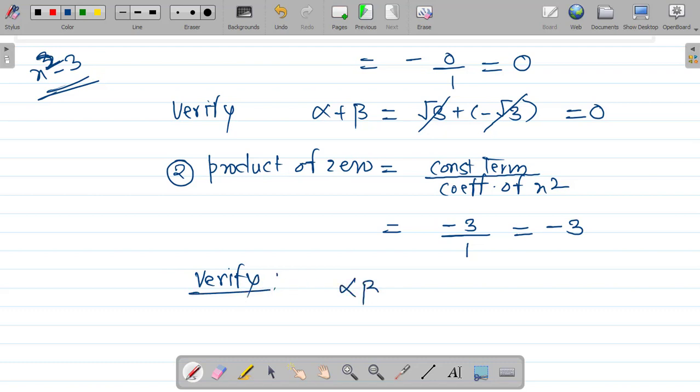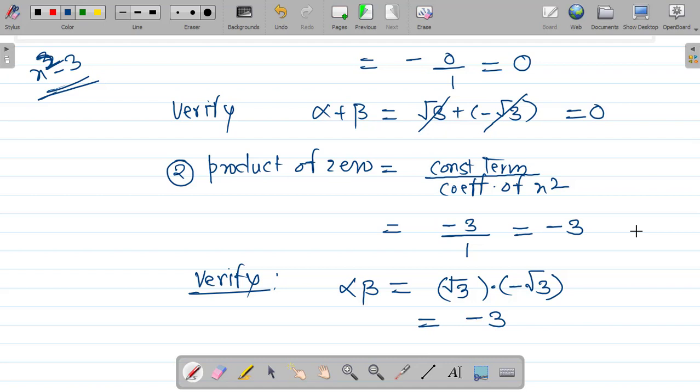Alpha into beta, that is the product. So this will be under root 3 into minus under root 3, which is equal to minus 3. So that means in this case also the product of zeros relationship is verified.